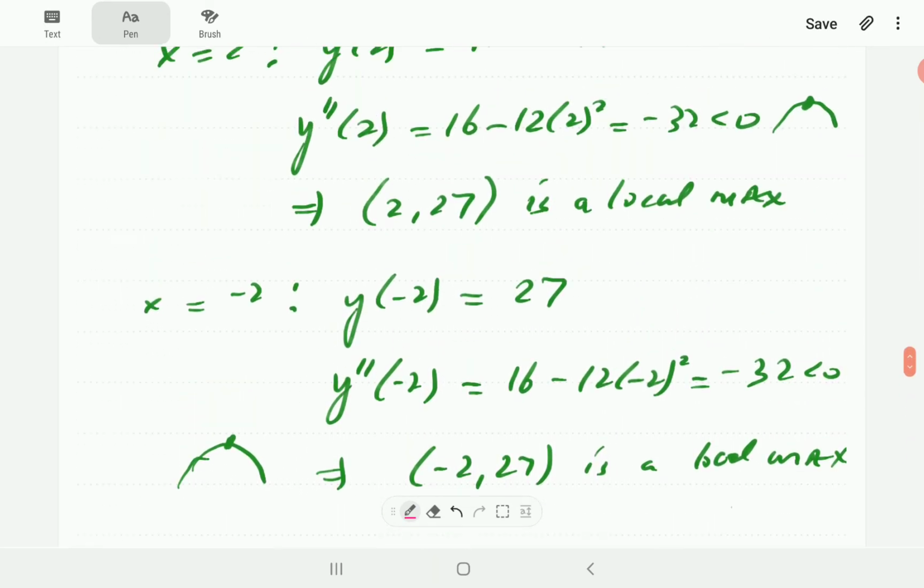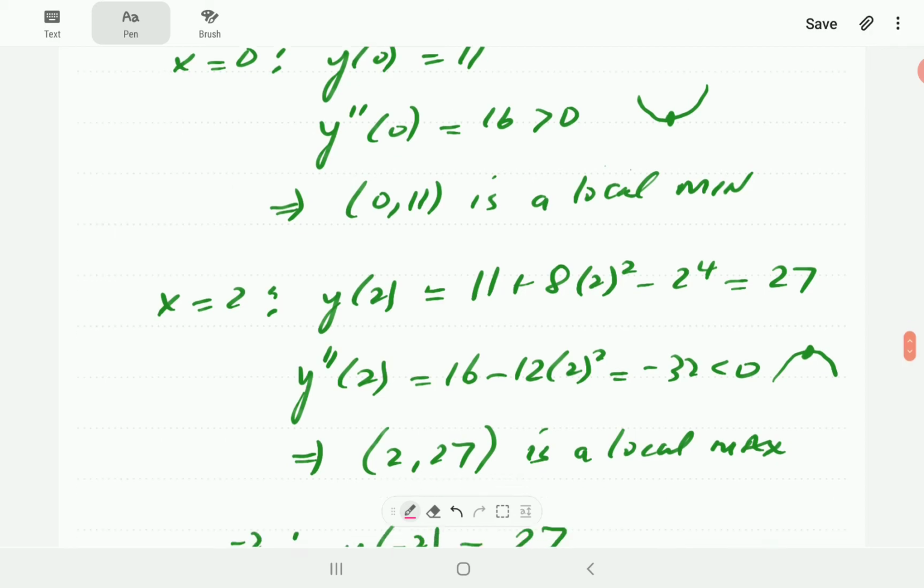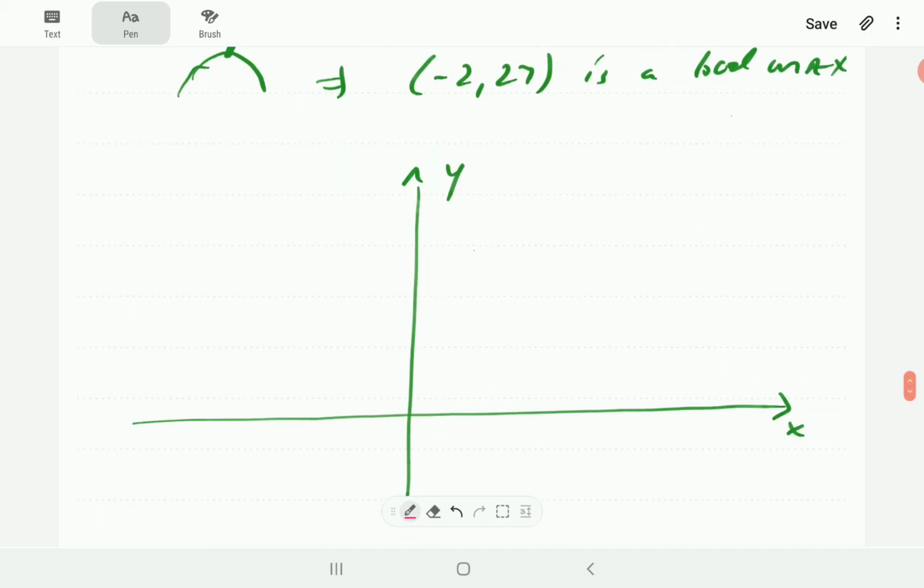So with these 3 pieces of information, we can now piece together our graph. At (0, 11), we have a local minimum, so at this point it looks something like this. At (2, 27), we've got a local maximum, so the graph looks something like that.